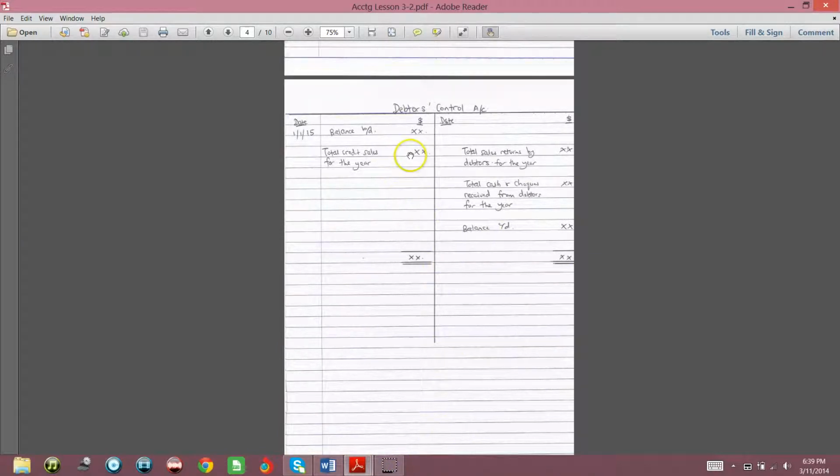He will just turn to the last page of the sales journal to obtain the total credit sales, and then the last page of the sales return journal to get the total sales return, and from the cash book, he will total up all the cash and cheques received from debtors. So in this way, he can obtain the debtors figure quickly for the preparation of the trial balance.